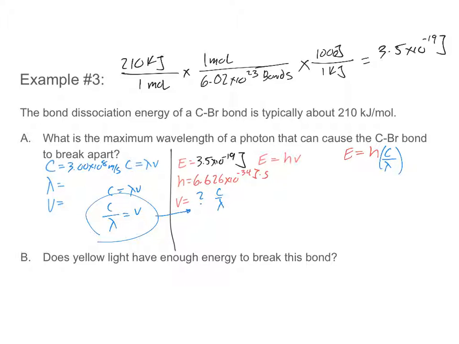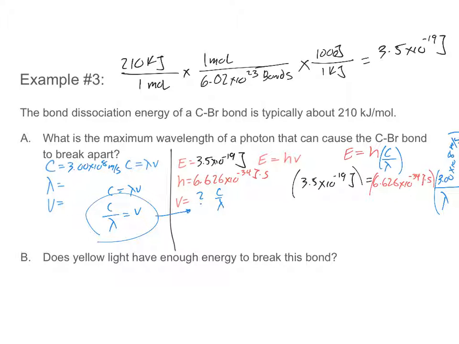So I'm going to plug in the numbers that I know, which in this case is 3.5 times 10 to the minus 19 joules equals 6.626 times 10 to the minus 34 joule seconds times 3.00 times 10 to the 8 meters per second over, in this case, the wavelength, which is something that I need to eventually figure out.